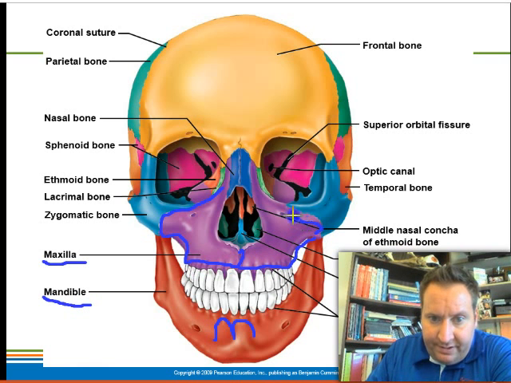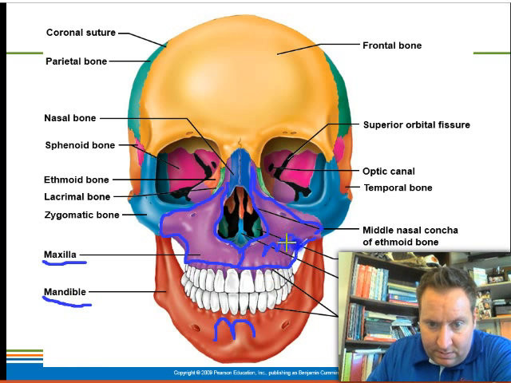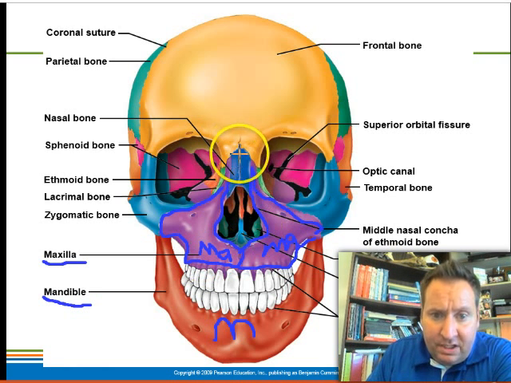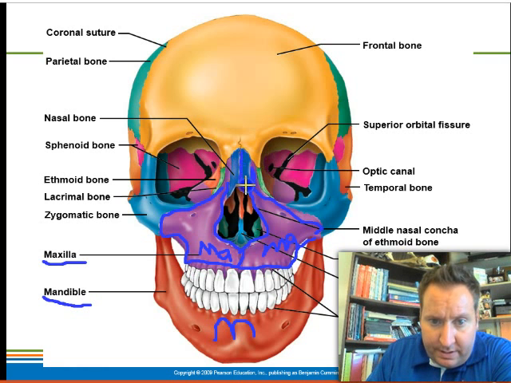But you have two maxillary bones that I'm outlining right here, and I'll label them MA. You have your nasal bones that help form the bridge of your nose that are right up here. So those are your nasal bones.